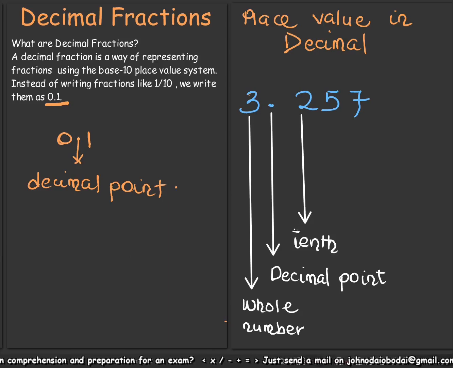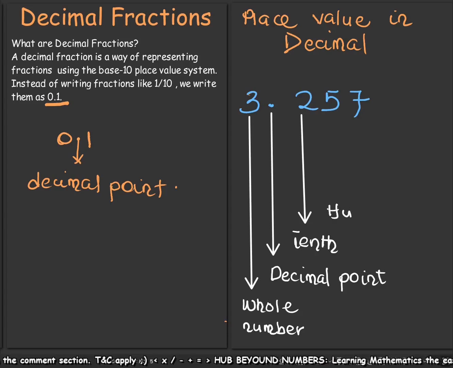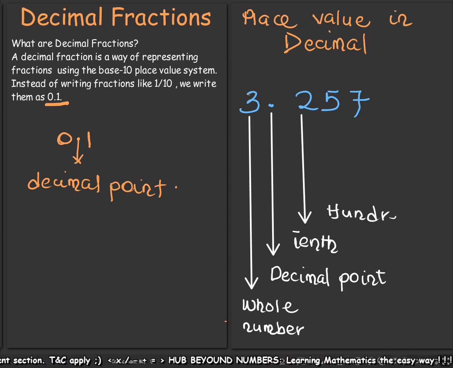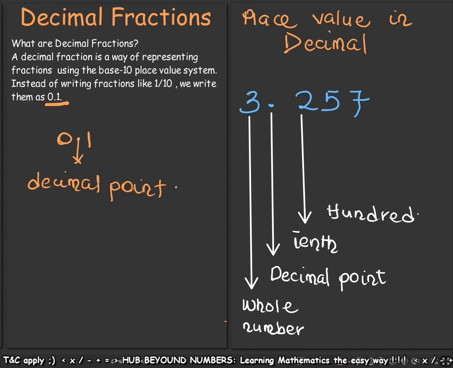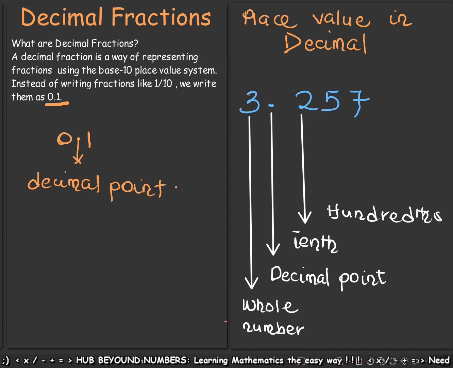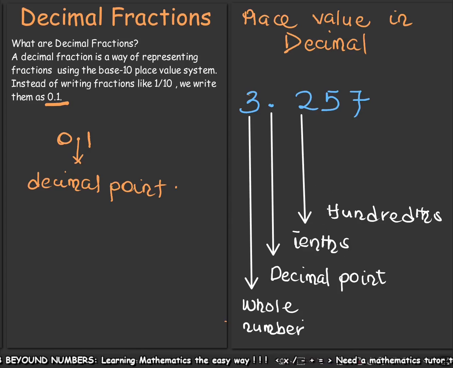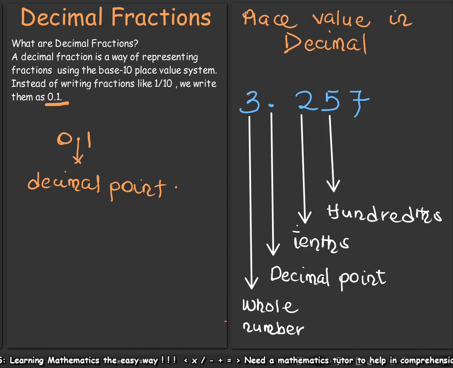Tenth. Now the next one is the hundredth. It's just the same spelling as 100, H-U-N-D-R-E-D, but you add th to it. That is the place value of the next digit, which in this case is our 5 over here.